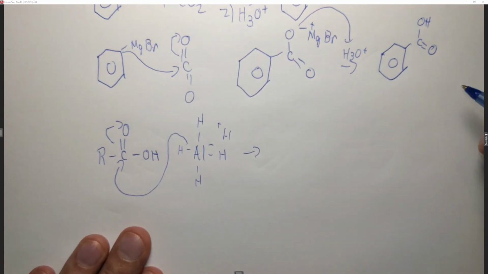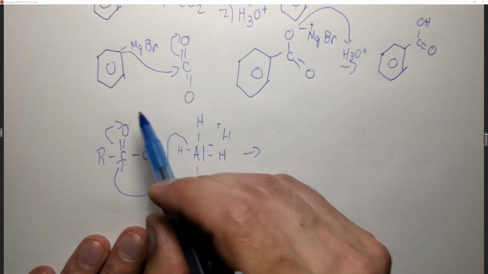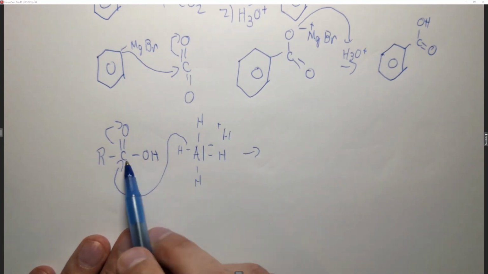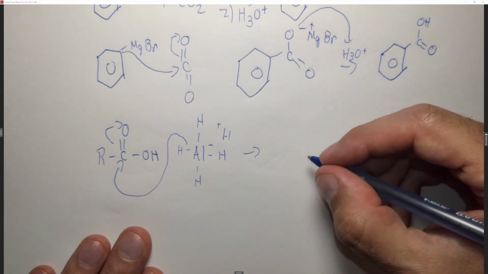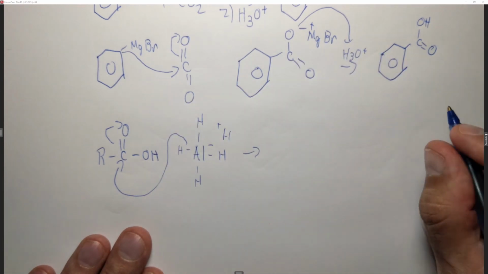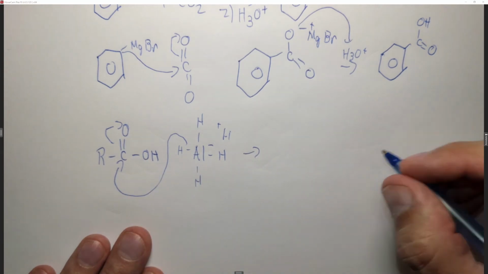And in your book, they show the aluminum basically stabilizing this charge. So you could have aluminum sitting here first, or you could have this come in and kick this up, and then aluminum is sitting here. I don't know which happens. Probably the aluminum stabilizes the charge, stabilizes the partially positive charge on the carbon, but that's not super important.